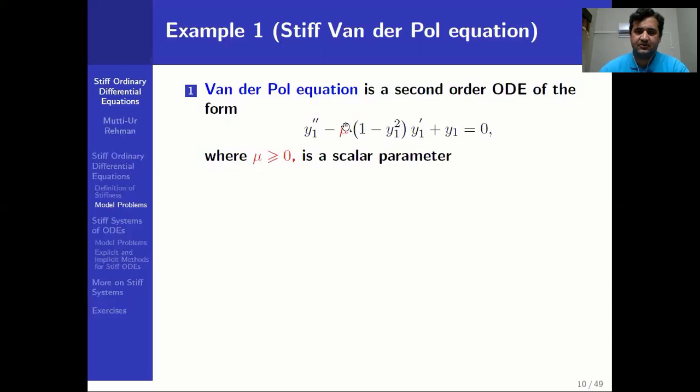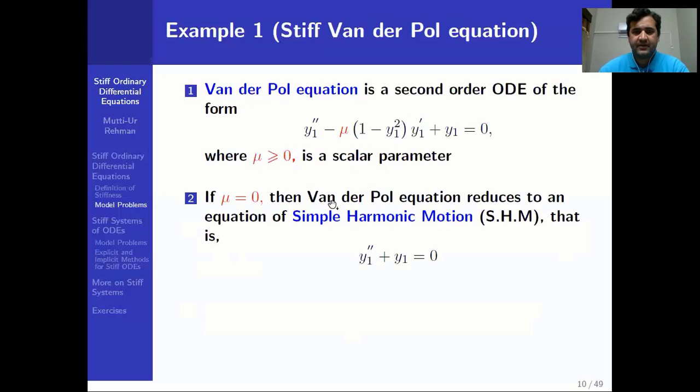It's basically a damping factor, and this indicates the non-linearity of the damping and the strength of the damping as well. Okay, so we can see that this is a second order non-linear ordinary differential equation, which is the van der Pol equation, and of course it is a stiff ordinary differential equation.